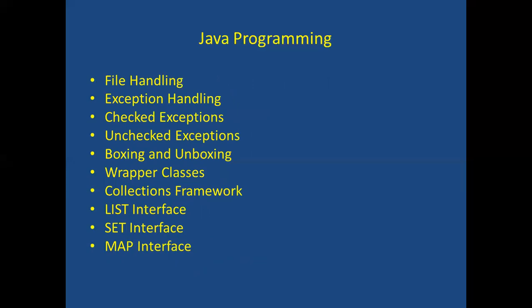And then we'll learn about the exception handling, which is one of the important concepts in Java, through which we can track the application errors and then we can improve the code. And then we also work with the collection framework. So different collection framework components are like a list, set, and map interface.